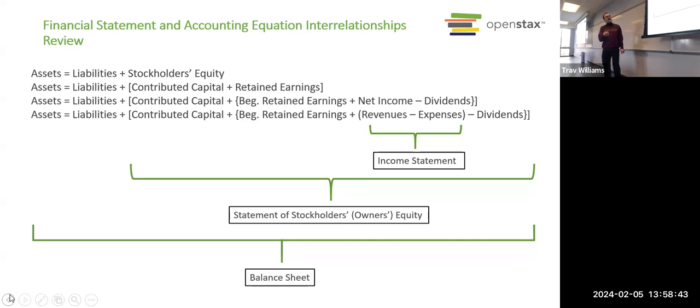We add to that our net income or net loss, and then subtract any dividends. So when we do this formula here, that is the formula for the statement of stockholders' equity. And then we can put that result, as well as assets and liabilities, on the balance sheet. Okay? And that gives us 3 of our 5 financial statements.